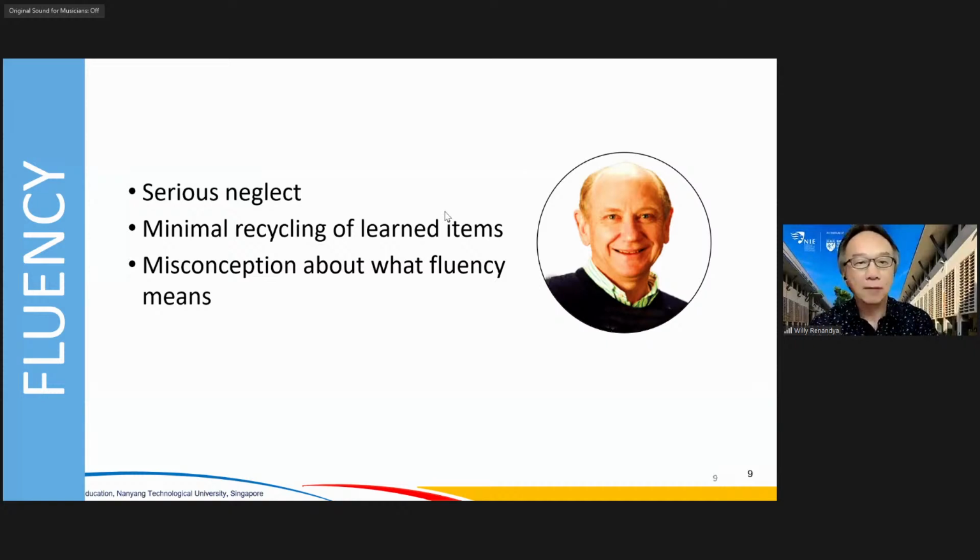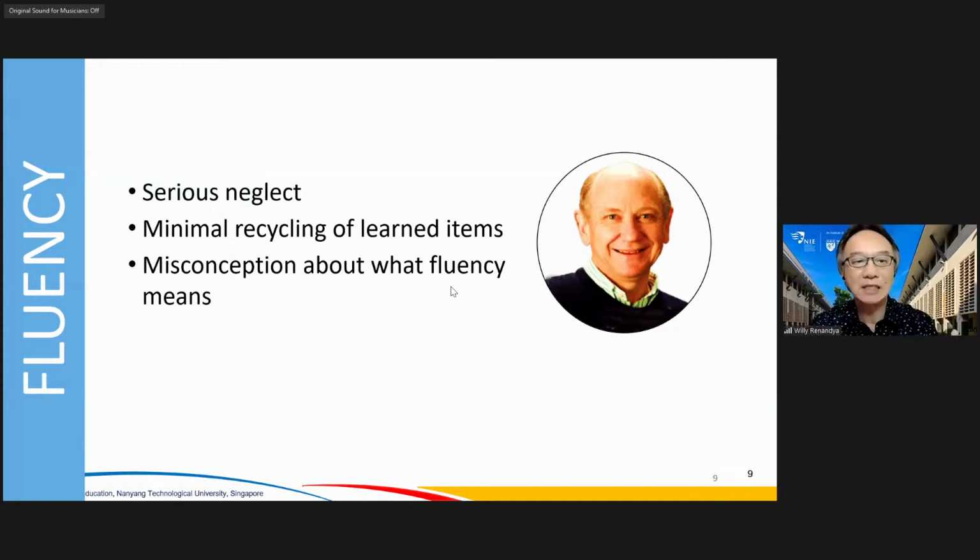That means we need to do a lot more recycling, allowing the students to say again, to read again what they have read before, to practice the kind of speaking they have done before. That is recycling. Students should be able to use newly acquired words that they learned yesterday, for example.